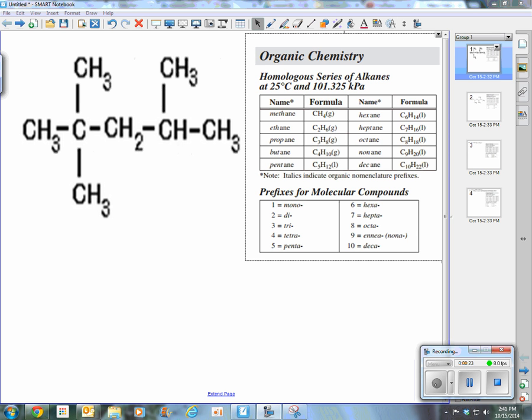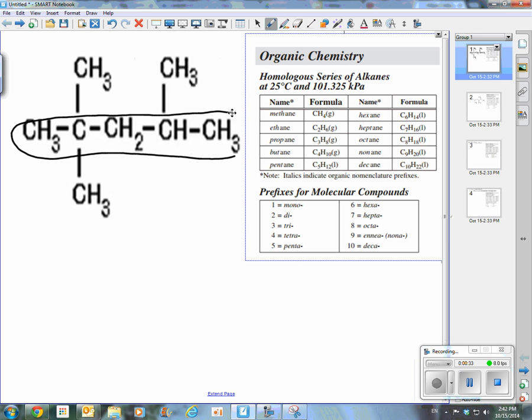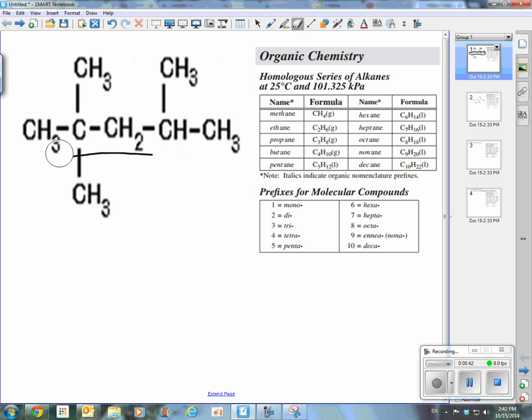So our parent chain is always going to be the longest continuous chain. In this case, I could select this chain here, which is going to be kind of straight across, but our chains are not always going to be the straight chain.